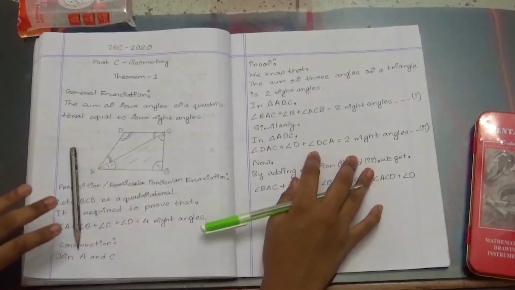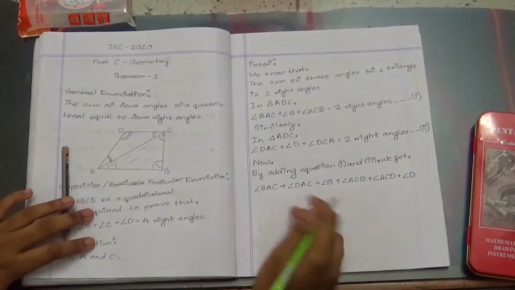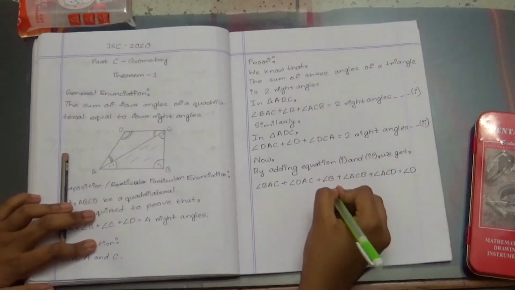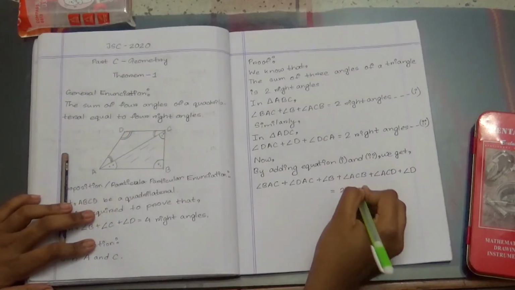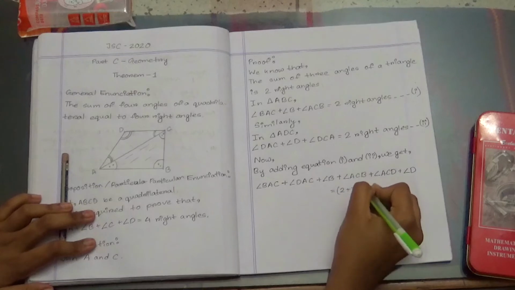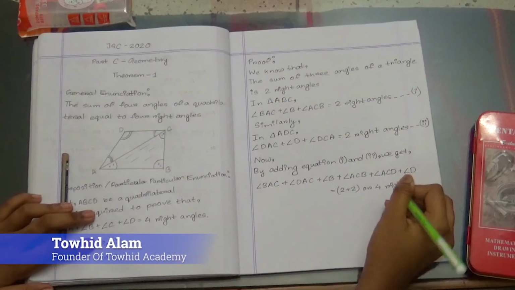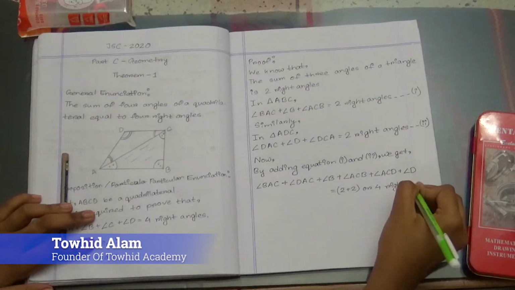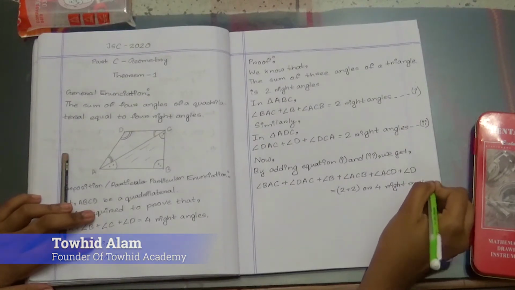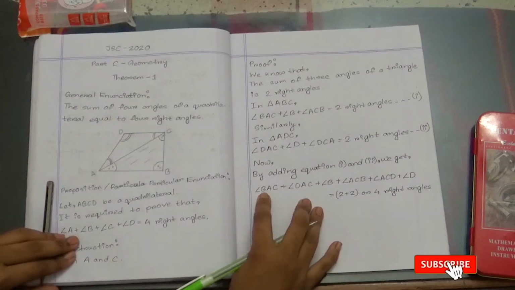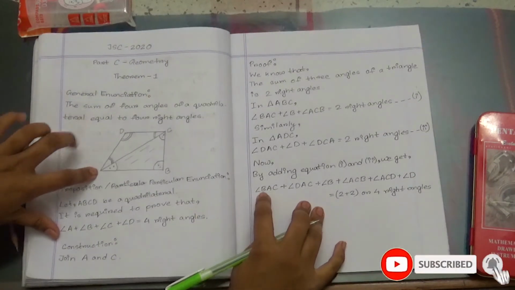We don't need to write ADC, but if you want, then you can. Equal to 2 plus 2, or 4 right angles. Now we will convert this into angle A.